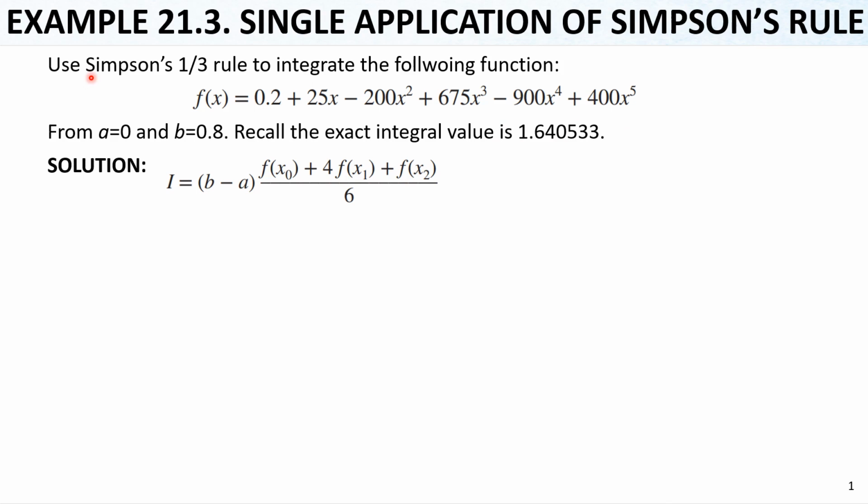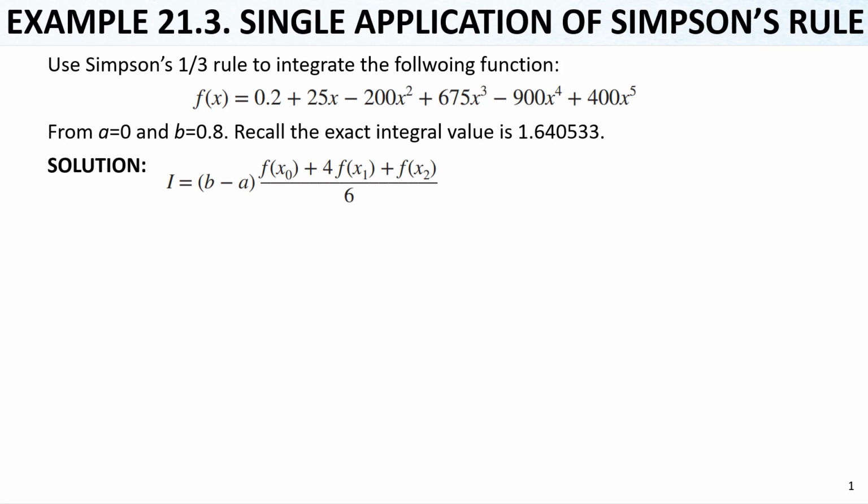And because we will apply the Simpson's 1/3 rule, we need the limits a and b and f(a) and f(b), as well as one middle point. So that one middle point means that our h will be 0.4.